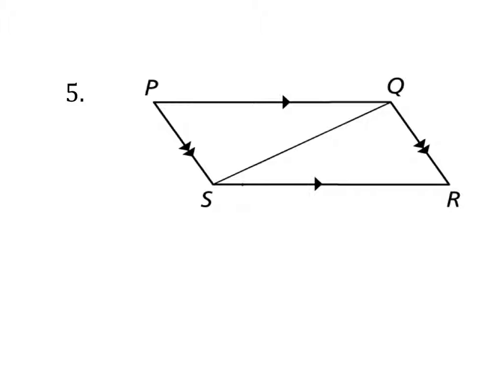So these two segments, PQ and SR, are parallel. And so these two that are touching the transversal, angle 1 and angle 2, we'll call them, are congruent because they're alternate interior.